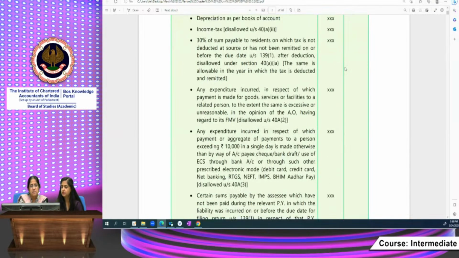Then unreasonable payments to related persons, that is also disallowed.